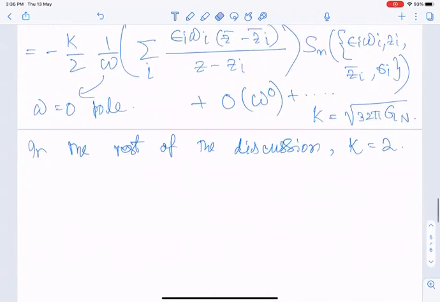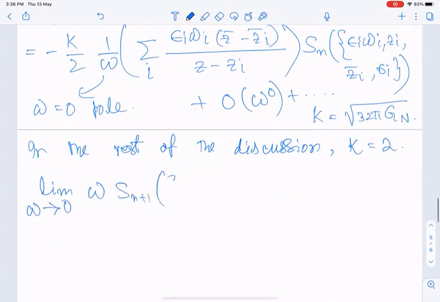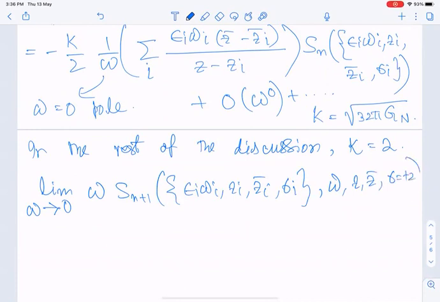in this way. So I can write this as the limit omega going to 0 of omega times S, say n plus 1, epsilon I omega I, equal to minus sum over I. So this is a sum over all the hard particles, remember?